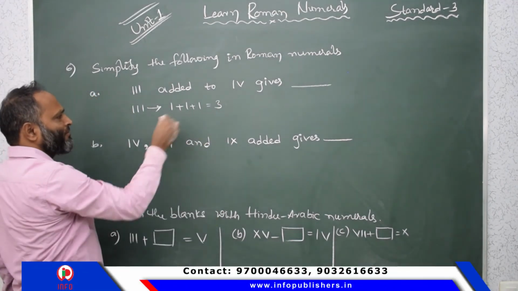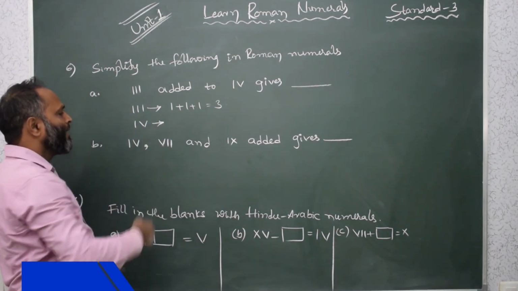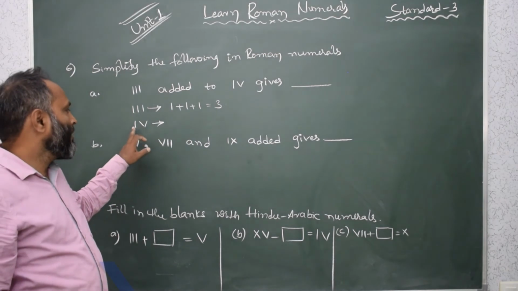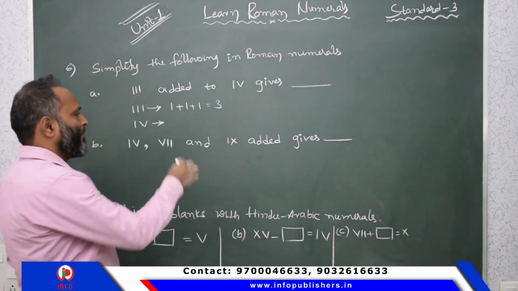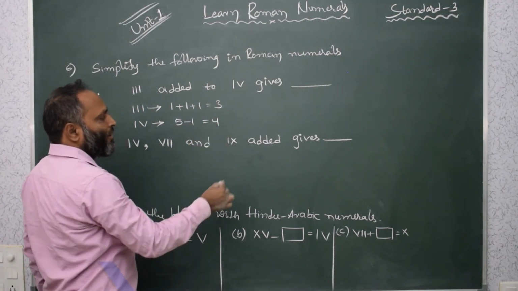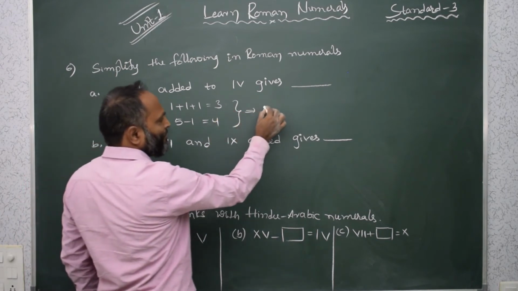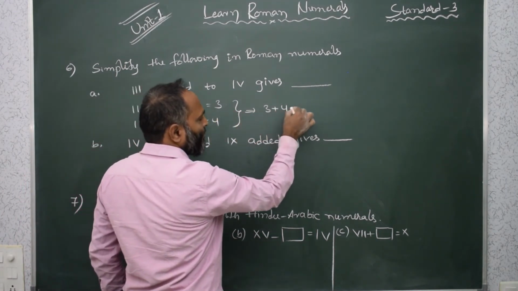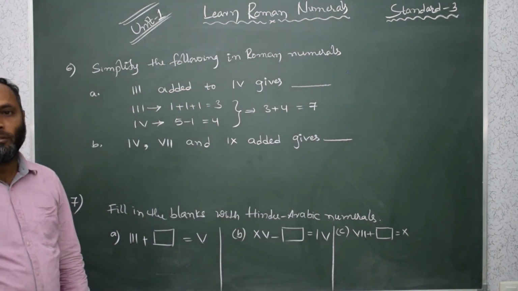Then the second one, IV. The smaller Roman numeral is on the left side of the bigger Roman numeral, so we have to subtract: 5 minus 1 is equal to 4. Now we have to add 3 plus 4. 3 plus 4 is equal to 7.